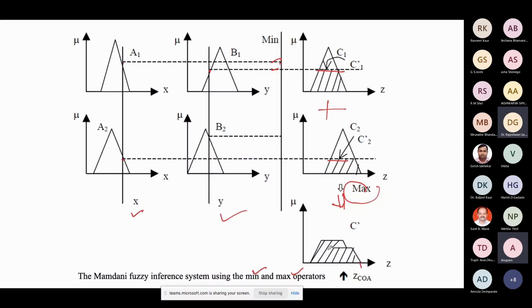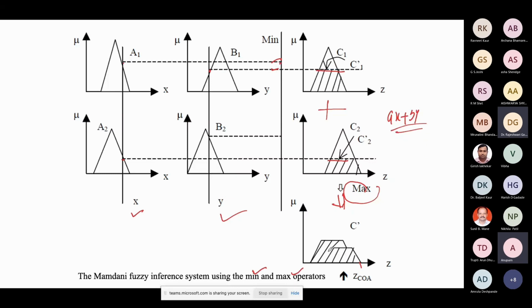So here you can see that we don't have an AX plus BY kind of thing. This is a Mamdani fuzzy, right? Here it simply depends upon the output membership function, and depending upon which one is minimum, we are taking this one, right?